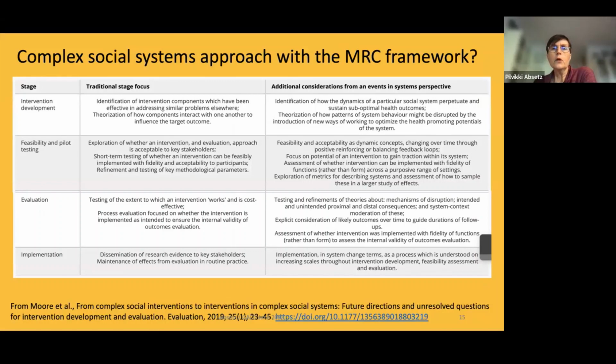Moore and colleagues also looked at the complex social systems approach with the MRC complex intervention framework, and the stages in the MRC framework, from intervention development to feasibility and pilot testing, evaluation and implementation, and gave some considerations from this complex systems perspective on what needs to be taken into account.